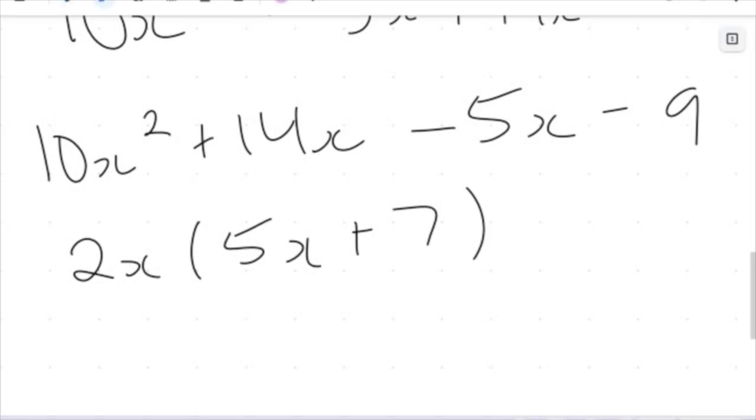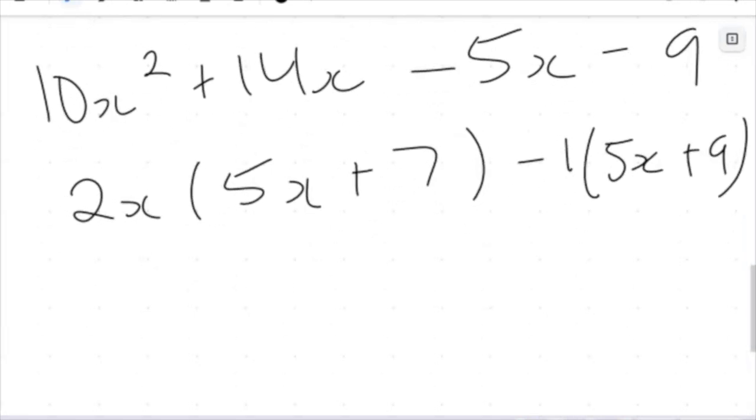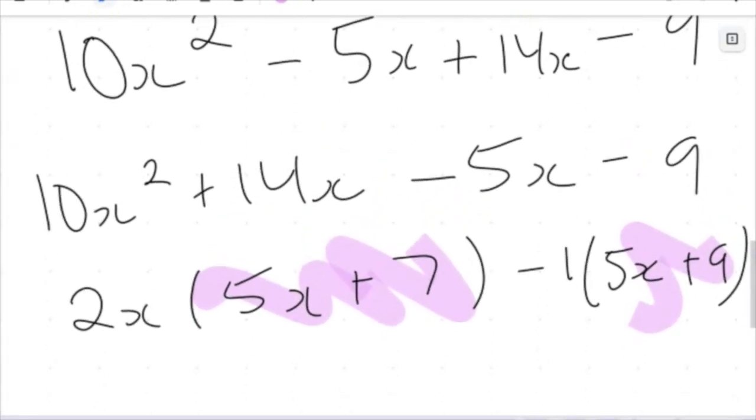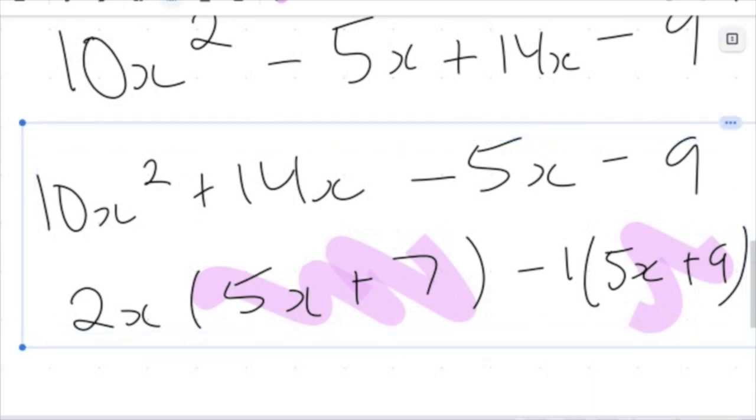Now I'm a bit closer because I have 5x, I have 5x, but you'll see that when I take out a -1 here, I have 5x plus 9. So I'm a little bit off still, this one here is not the same as this. So I'm kind of struggling right now, right? There's not a lot that I can do. I'm going to try one more, right?